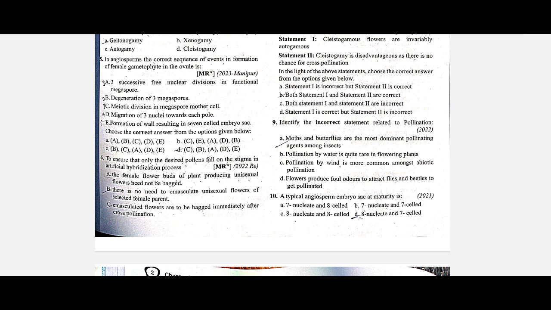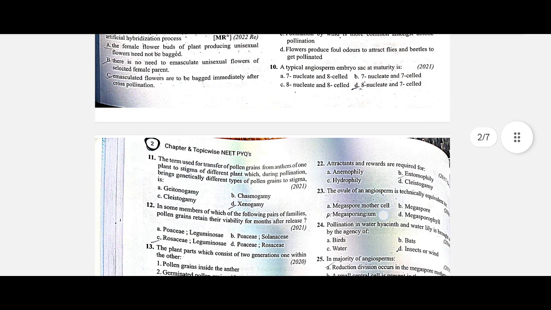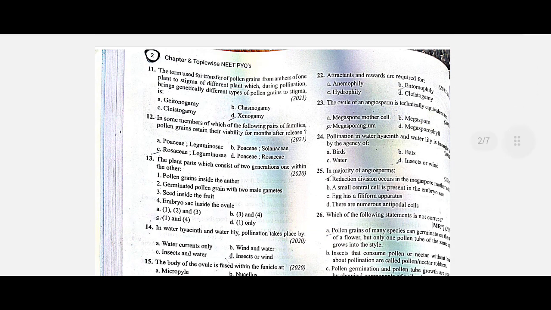Question number 10. A typical embryo sac at maturity is 8 nucleate, 7 celled. You can also say 7 celled, 8 nucleate. Next, the term used for transfer of pollen grain from anther of one plant to stigma of a different plant, which during pollination brings genetically different type of pollen grains to stigma, is xenogamy.